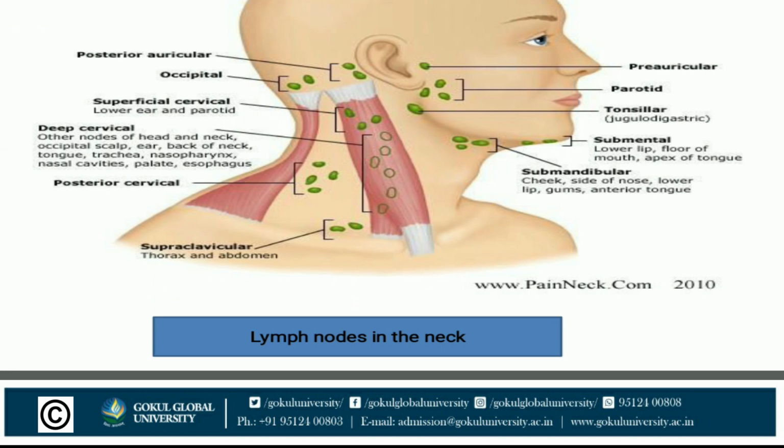First, from behind the ear, the posterior auricular lymph node, then occipital, named according to region, then preauricular, parotid according to the parotid gland, tonsillar, submental, then submandibular, then superficial cervical, lower ear and parotid, then deep cervical, as well as posterior cervical, and the last one, supraclavicular, above the clavicle.